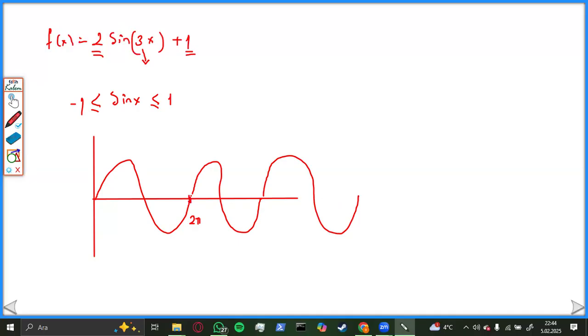So for 2 pi it is same, for 4 pi, for each additional 2 pi, we are going to see the same value. For instance, you can say that sine(x + 2kπ) is always sine x.